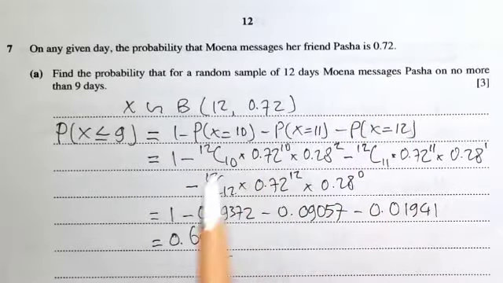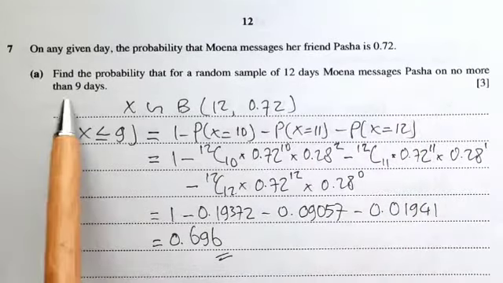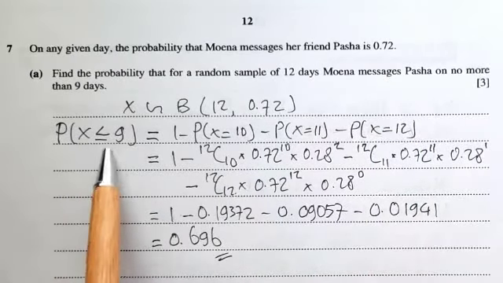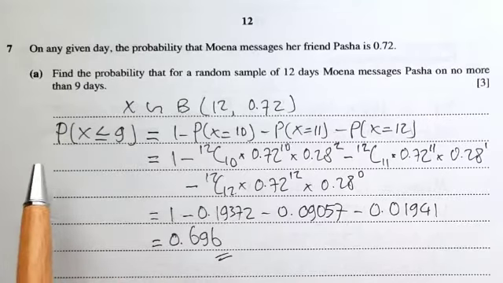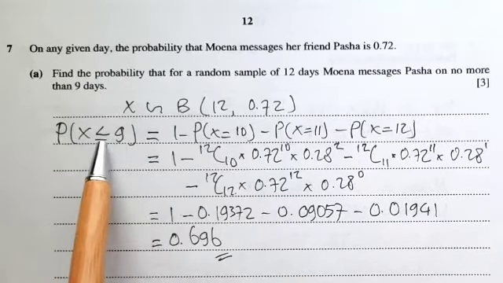Now the question here is that no more than 9 means X is less than or equal to 9. Thus the question is to find the probability of X less than or equal to 9.